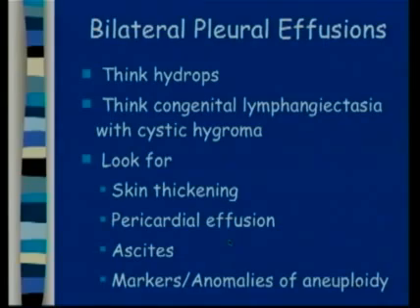You think hydrops. Maybe this fetus has congenital lymphangiectasia with a cystic hygroma. So let's go upstairs and see if there's a cystic hygroma in the neck. Anytime you see pleural effusions, you should look and see if there's skin thickening for hydrops, pericardial effusion, ascites, or other markers or anomalies of aneuploidy.